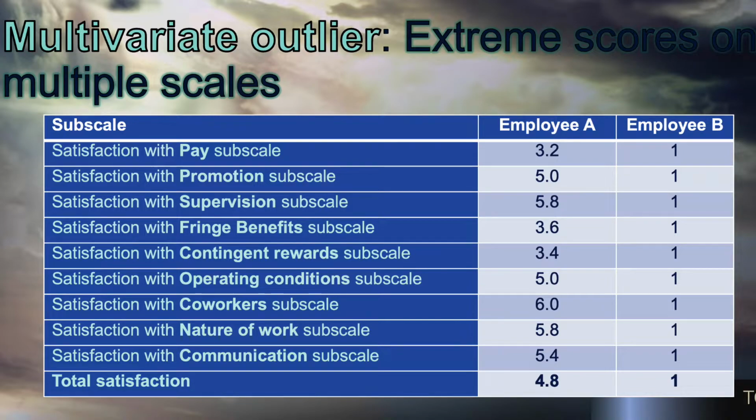What we can clearly see is that employee A is more typical of what we find in a job satisfaction survey. This person likes certain aspects of the job more than others. This person's highest score was satisfaction with coworkers, followed by nature of the work and supervision.